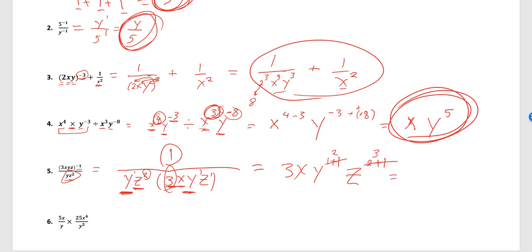Okay, so the final result is 3xy squared z to the third. But remember, all of this is in the denominator. I made a little mistake here. So this is really 1 over 3xy squared z cubed.